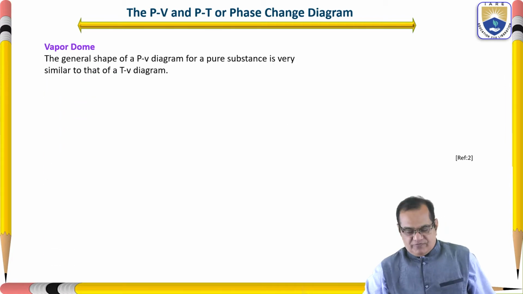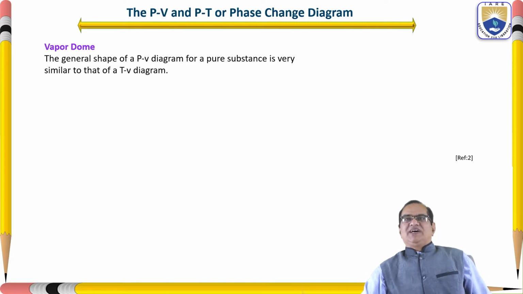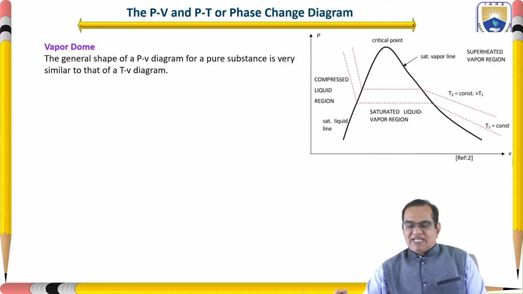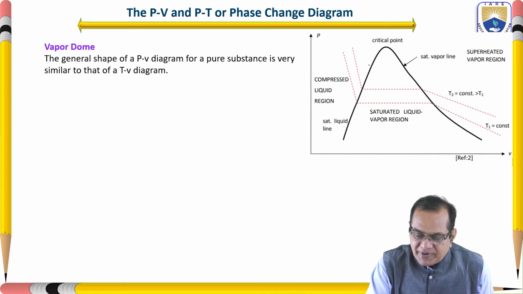So the PV and PT phase change diagrams. Now, what is the vapor dome? The general shape of a PV diagram for a pure substance is very similar to that of a PT diagram. This you can see, this is called the vapor dome.